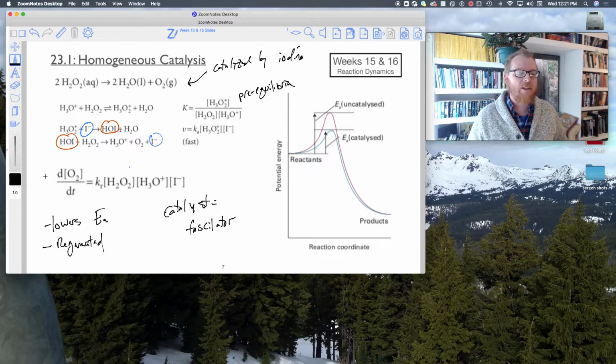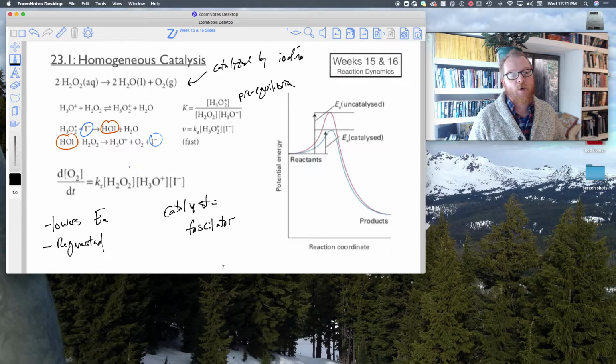And by the way, what I didn't mention in this mechanism is that this step is very fast, okay, it is not rate limiting. In fact, what becomes rate limiting are these two steps right here, the pre-equilibria and the second step.